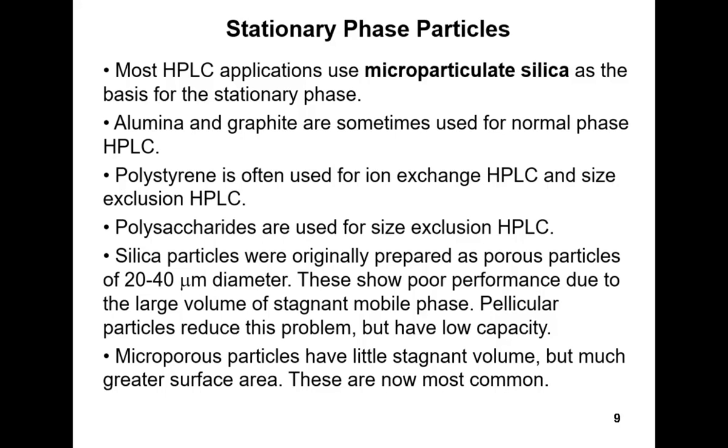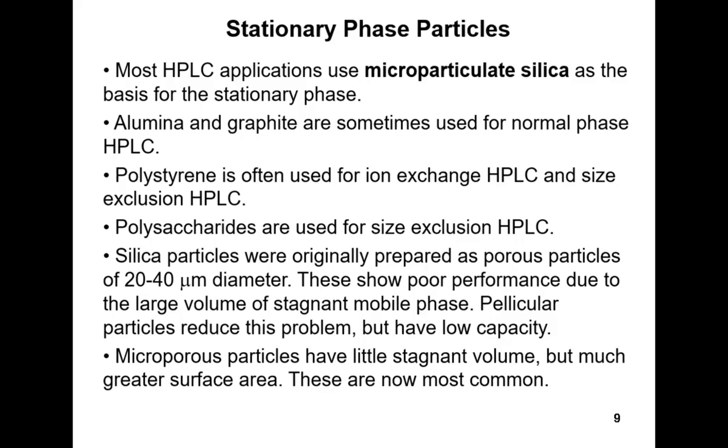It's basically a hydrocarbon, so there's no hydrogen bonding or dipolar interactions. So you can use it for size exclusion, where we want the separation just to be on the size, not the polarity of the molecules. And for ion exchange, it's got advantages that it's easy to do chemical reactions to modify the benzene rings which you find in polystyrene to add negatively or positively charged groups.